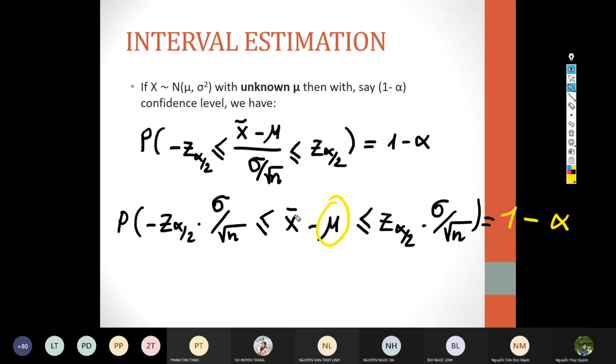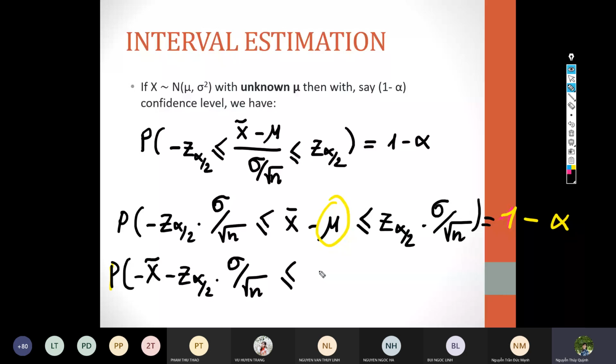So we subtract x bar. The probability that minus x bar minus z alpha divided by 2 multiplied by sigma divided by square root of n is less than mu, and less than minus x bar plus z alpha divided by 2 multiplied by sigma divided by square root of n.